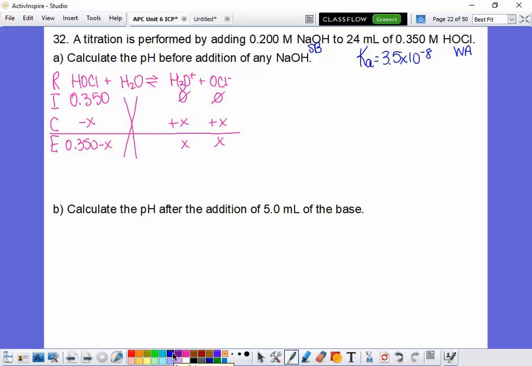What do I do next? Set up the equilibrium expression. So Ka equals the concentration of H3O plus times OCl minus over HOCl.